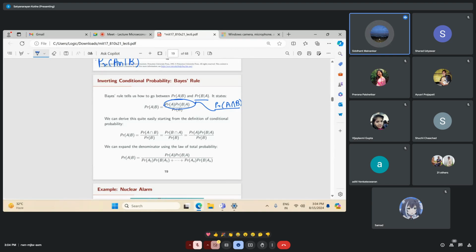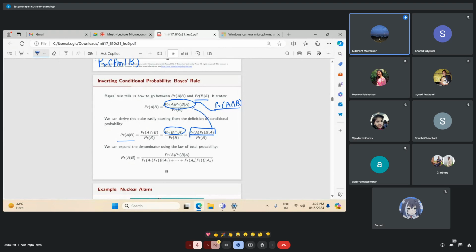We can derive this quite easily starting from the definition of the conditional probability. The conditional probability of A when B takes place is equal to the probability of A intersection B divided by the probability of B, which is also equal to the probability of B intersection A, because we know that the associative law is there as far as the intersection is concerned, the set intersection. And then this is the same.